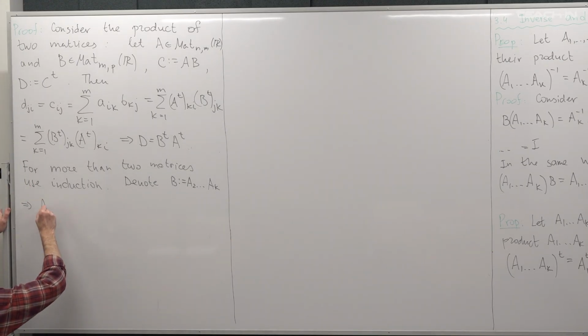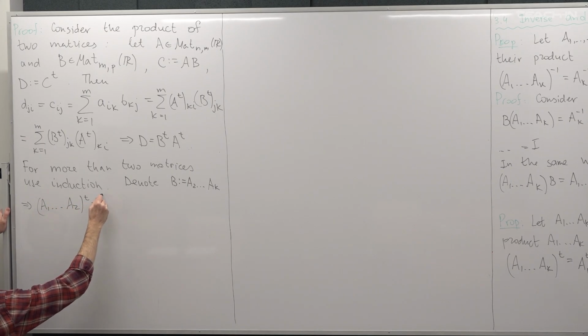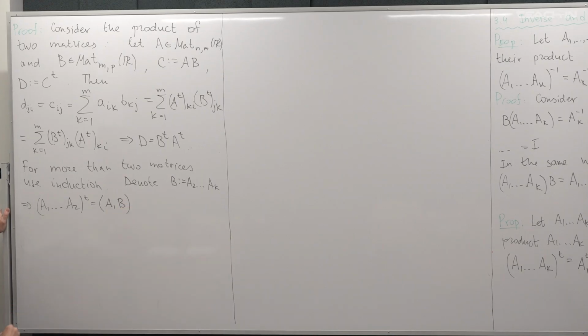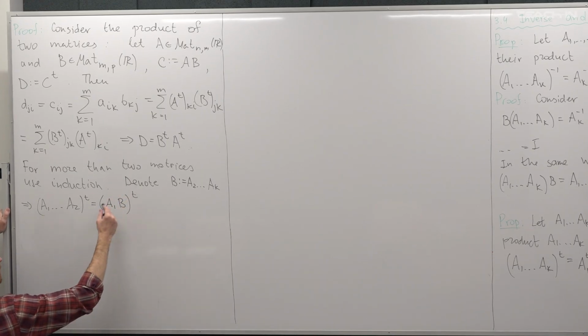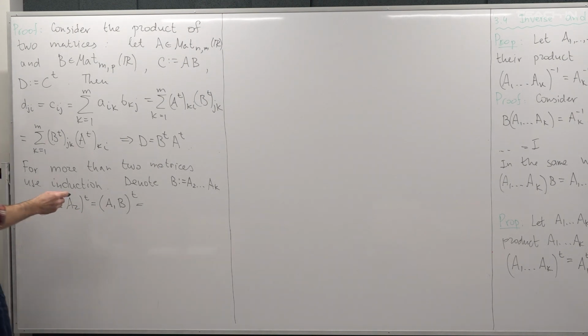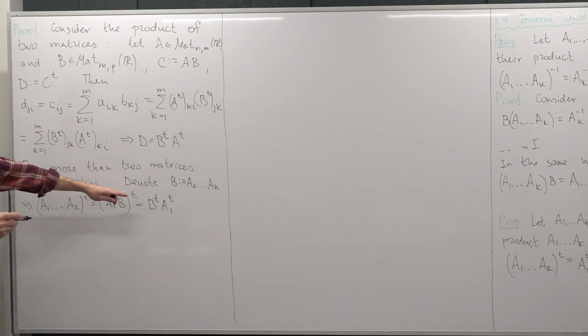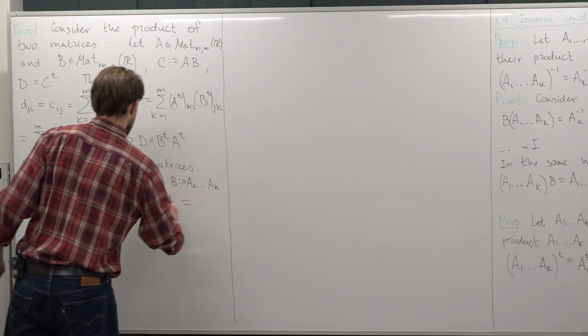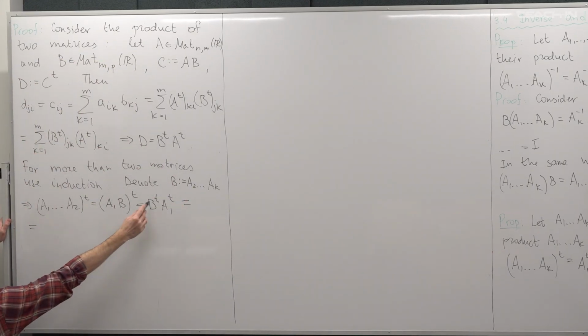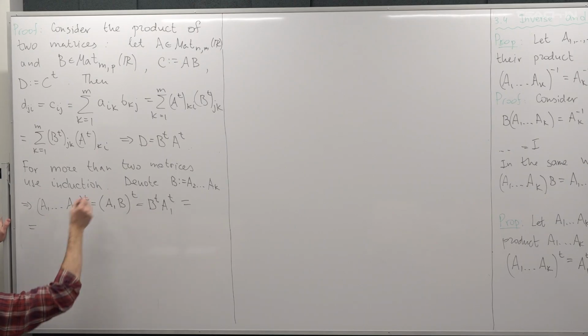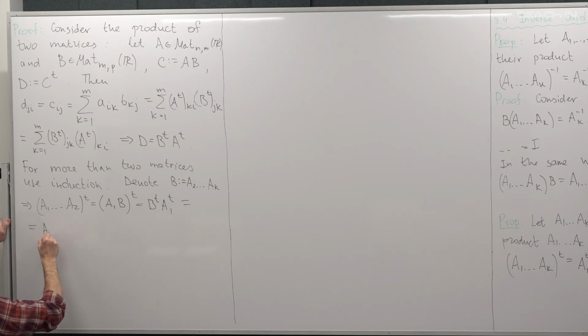The transpose of the product of all these matrices is just the transpose of the product of A1 and B. We know that the transpose of the product of two matrices is just B transpose by A transpose, and then we use the induction to show that B transpose, where we have k minus 1 factors, is just A sub k transpose, etc., times A sub 2 transpose, multiplied by A1 transpose.